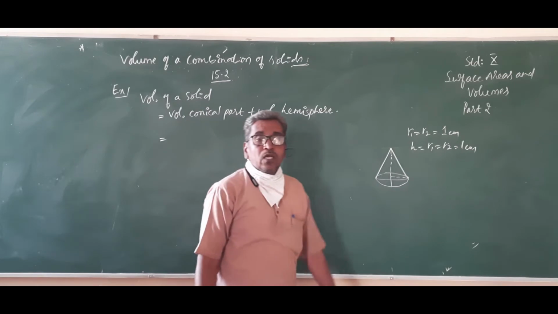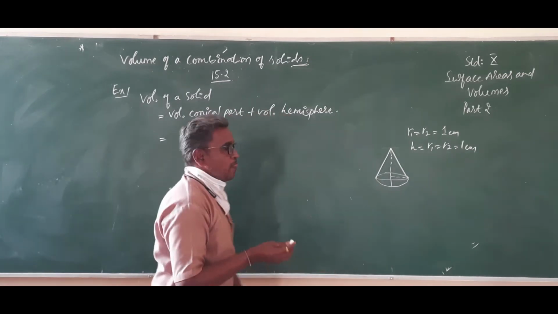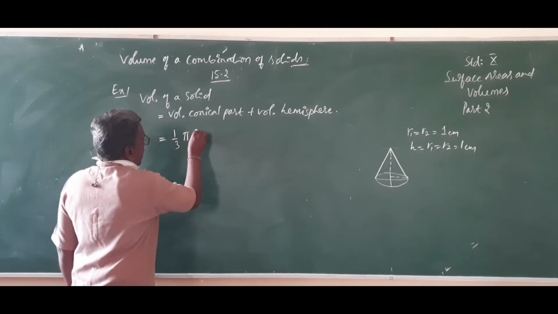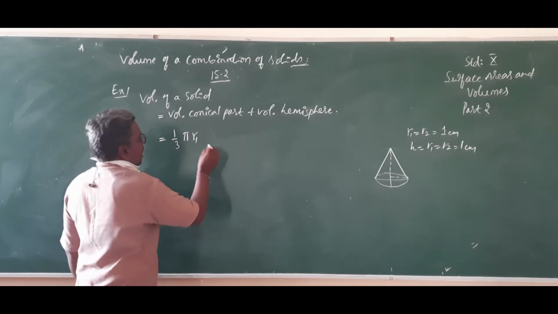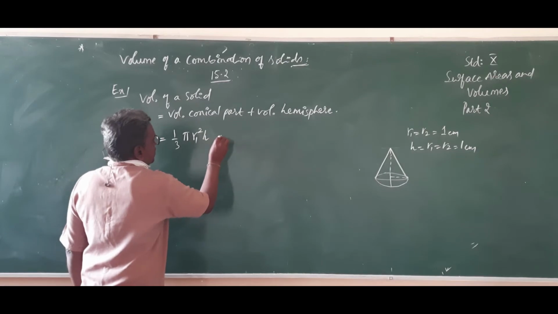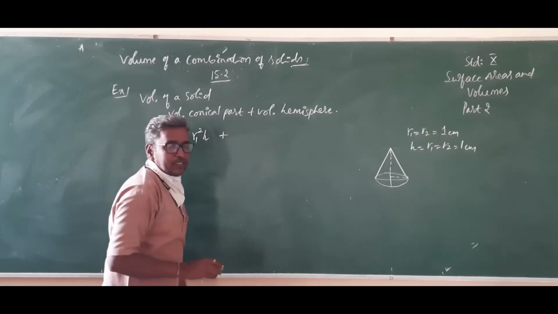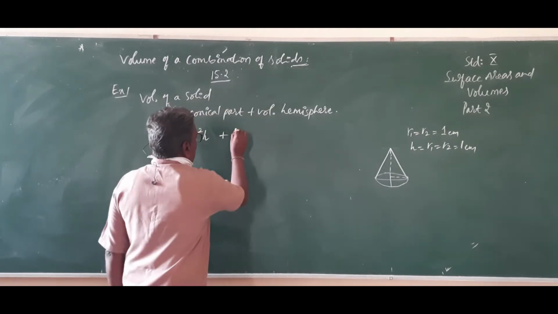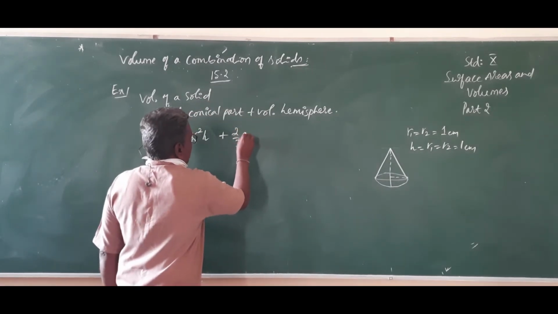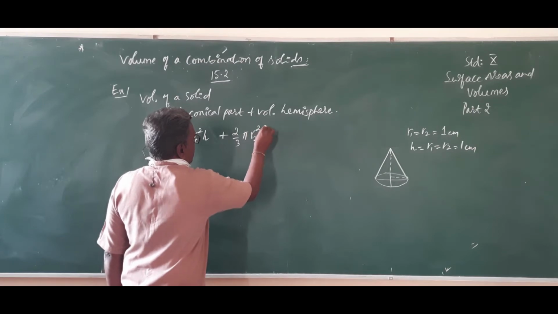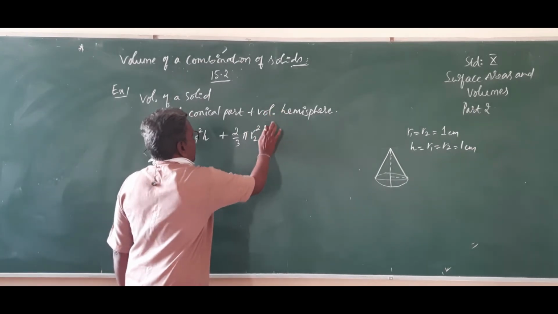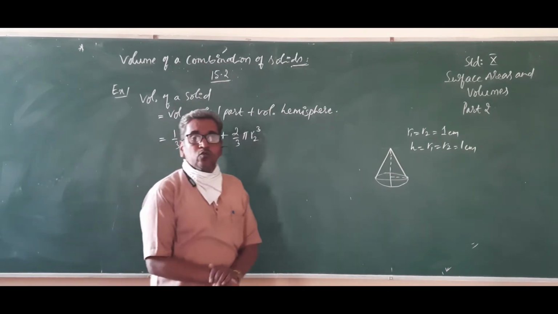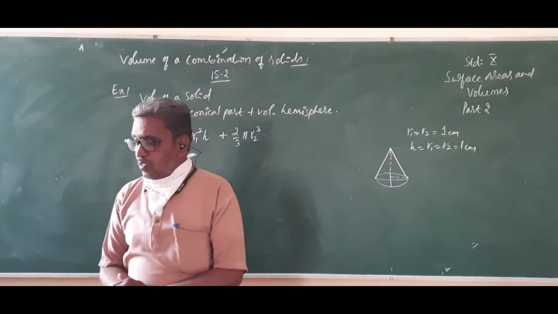The volume of the cone is equal to 1 by 3 pi r square h, plus the volume of the hemisphere, which is 2 by 3 pi r cube.